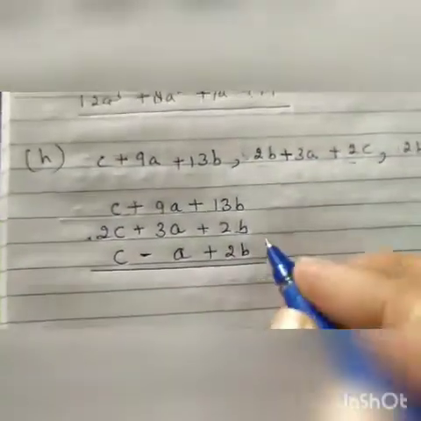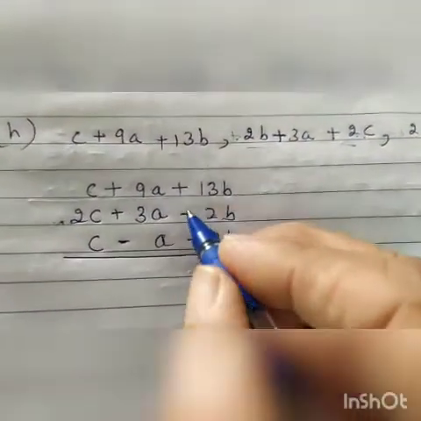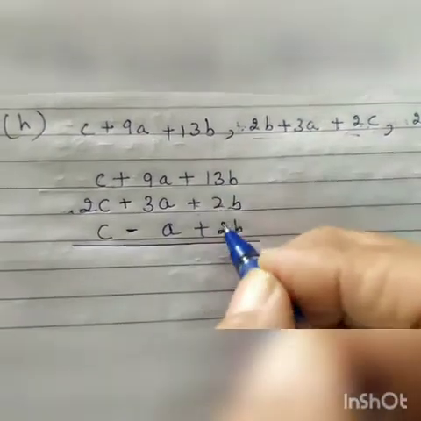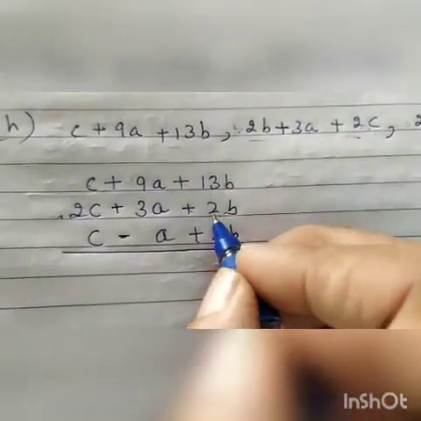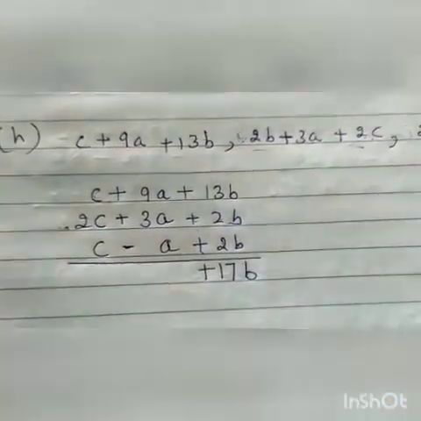Okay, now we will solve. There are three terms with variable b and all three signs are plus. So we will add these three numbers, 13 plus 2, 15, 15 plus 2, 17, with plus sign, plus 17b.